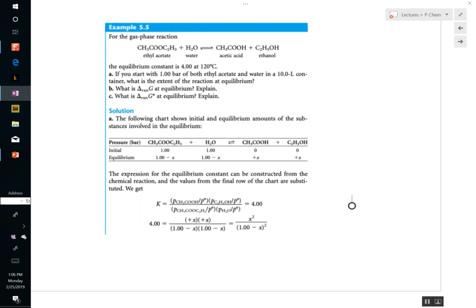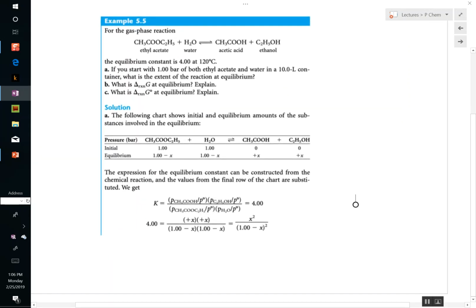This is kind of an eye chart here. For the gas phase reaction, so we're talking a lot of gases right now, ethyl acetate and water going to acetic acid and ethanol, the equilibrium constant is 4 at 120 degrees centigrade.